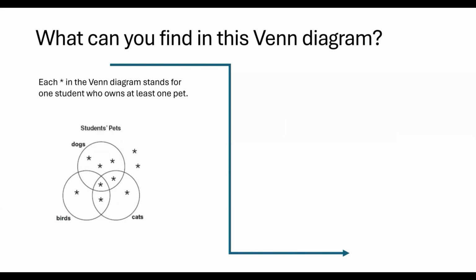Okay, so let's look at an example. Here is a Venn diagram for a survey. In it, each of the stars you see stands for one student who owns at least one pet. So imagine the whole process. Some students have done a survey over a group of students and asked questions about how many pets and the type of the pets.